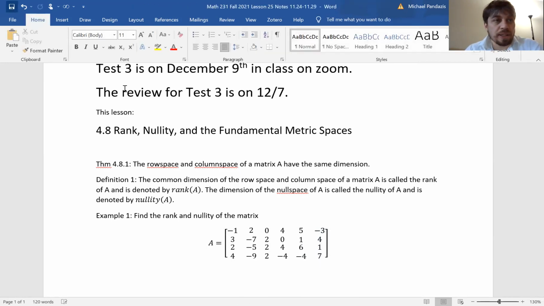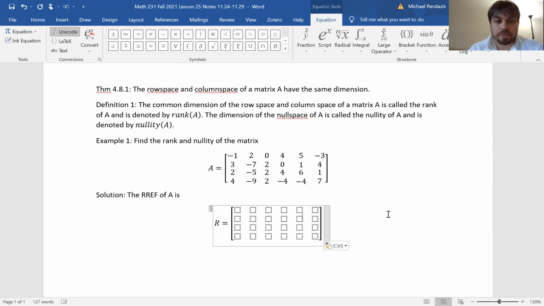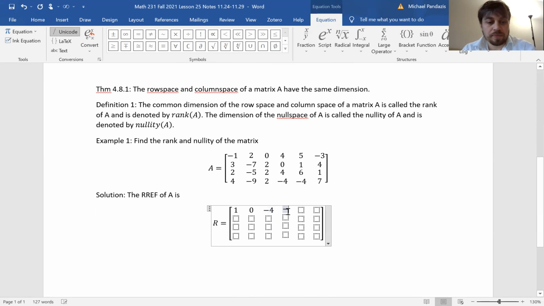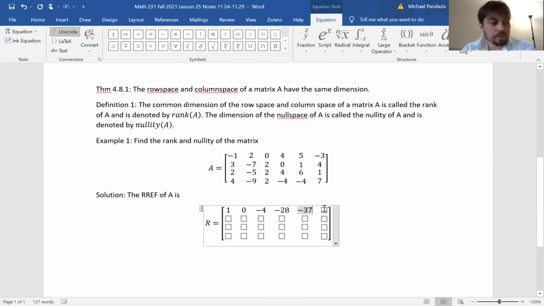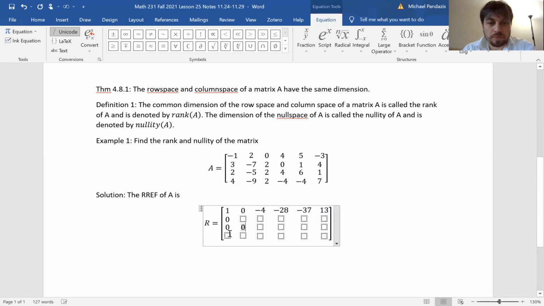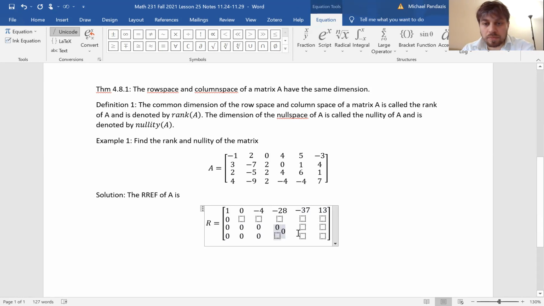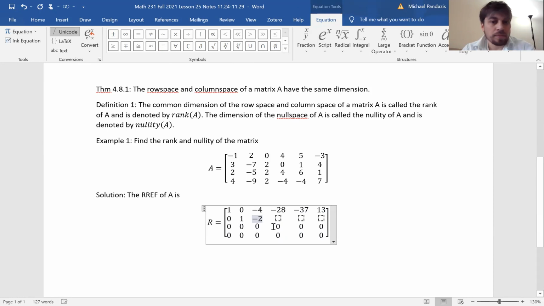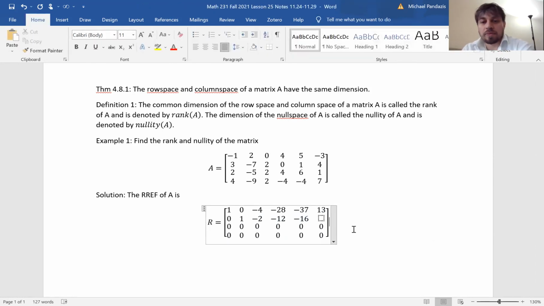We're going to find the rank and nullity of that matrix A. The reduced echelon form of that matrix A is this matrix R.